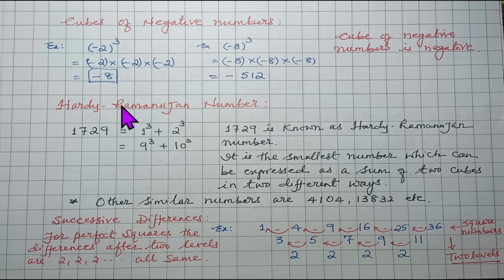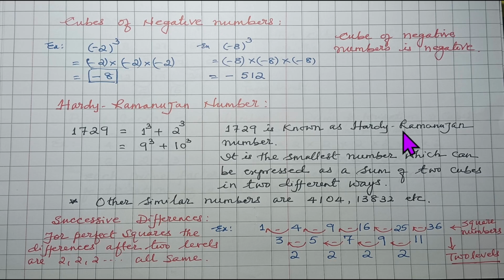Now this is interesting information here. Hardy Ramanujan number. Hardy and Ramanujan were great mathematicians of the world. Ramanujan suggested very important characteristics of the number 1729. He said 1729 is such an interesting number that it can be expressed as a sum of the cubes of 2 numbers, that is 1 cube and 12 cube, but also it can be expressed as a sum of the cubes of 2 other numbers, that is 9 cube and 10 cube.